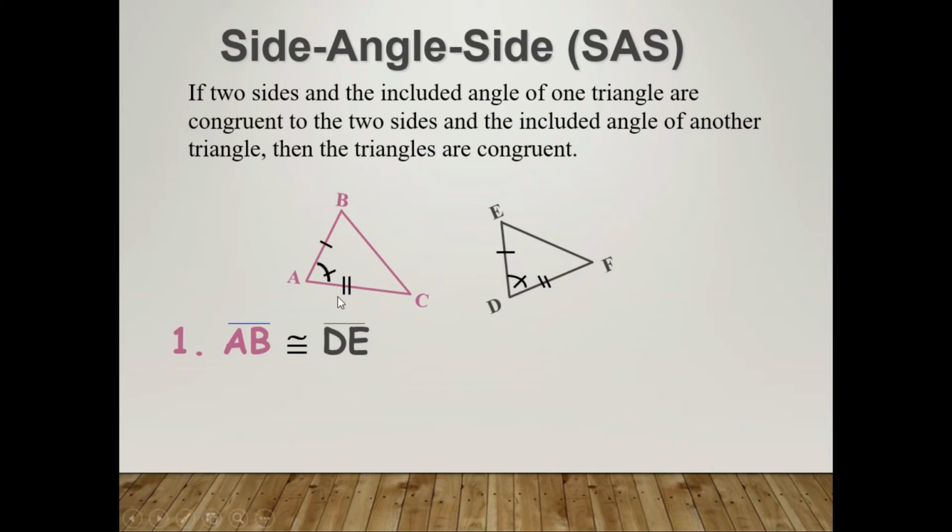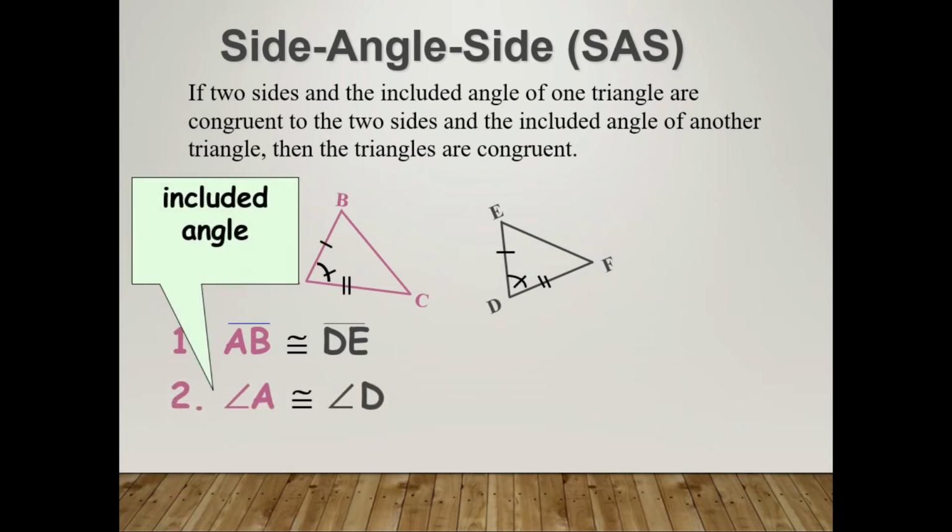Then we have the second markings for the angle, and the name of the angles are angle A is congruent to angle D. Now, these two angles is what we call the included angle, since sila ay nasa gitna ng two sides na papangalanan natin.